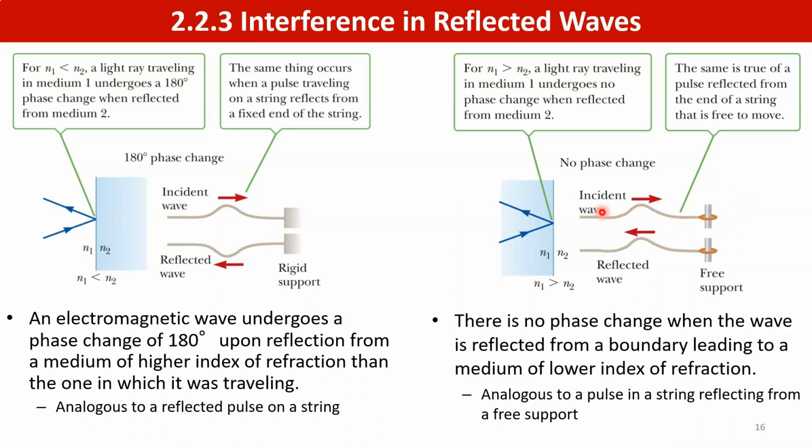You can see here the incident wave and the reflected wave have the same phase. There is no phase change when the wave is reflected from a boundary leading to a medium of lower index of refraction, analogous to a pulse in a string reflecting from a free support.